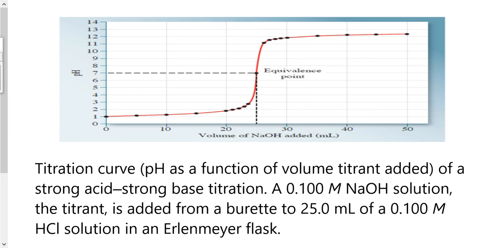In this case, we have 0.1 molar sodium hydroxide solution. The titrant is added from a burette to 25 milliliters of a 0.1 molar HCl solution in an Erlenmeyer flask.